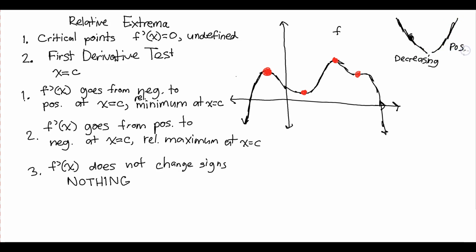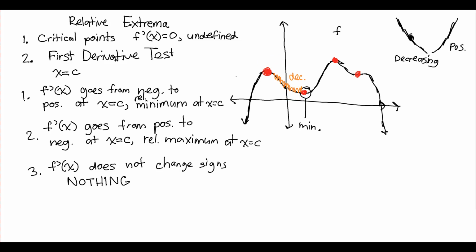Positive. So if you look over here, this is a relative minimum. This is a minimum point. Why? Because f prime of x goes from negative, it's our decreasing interval, this is decreasing, f prime of x is going from negative, f is decreasing, to increasing.